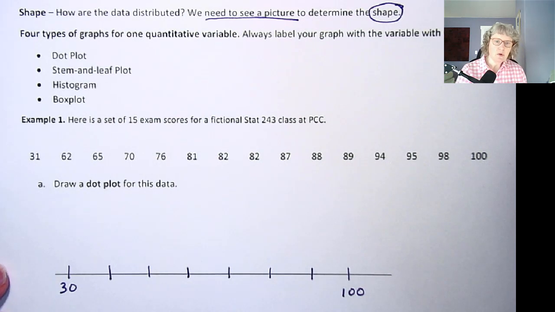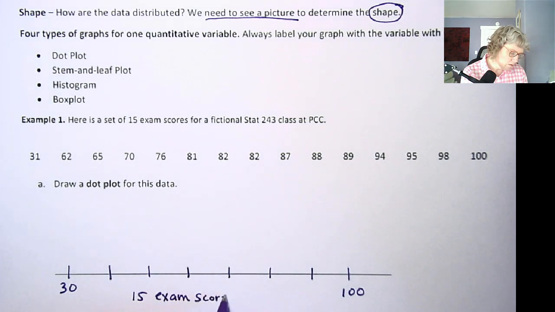Okay, and very important to always label what we are doing. Okay, so we've got 15. Now I could put this above or below. 15 exam scores. And I'm going to put points because these are in points.